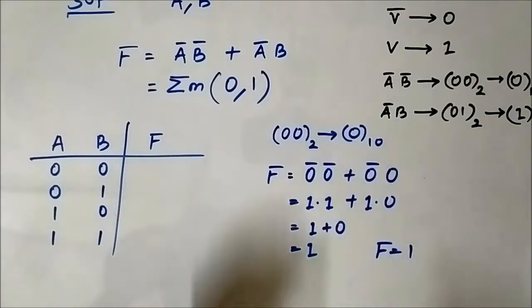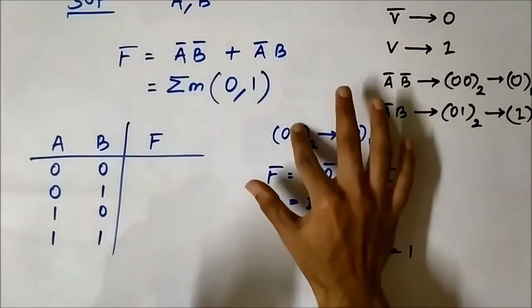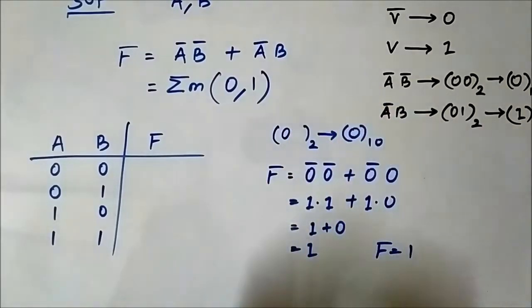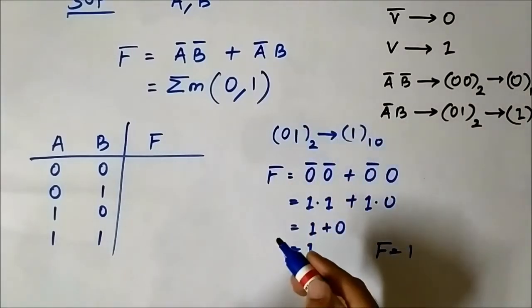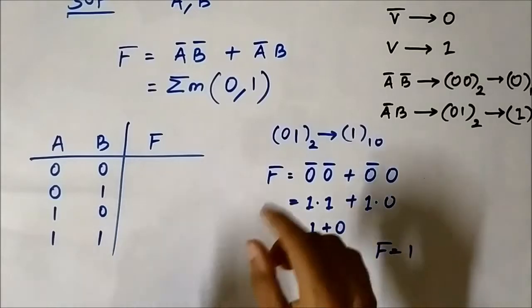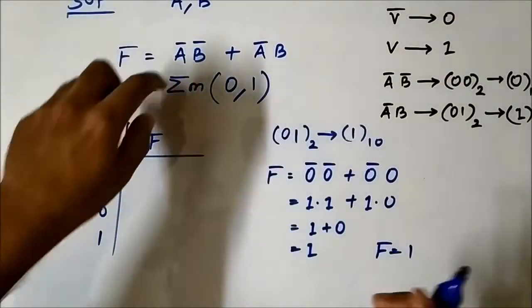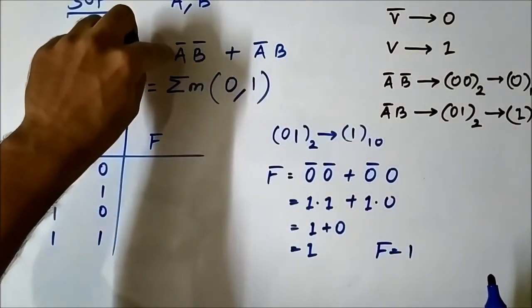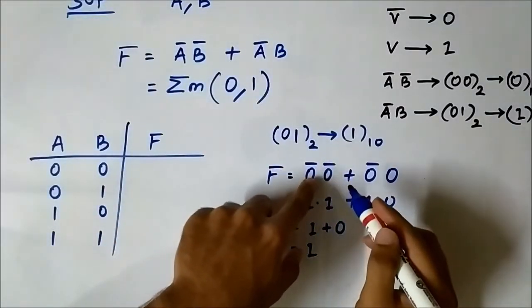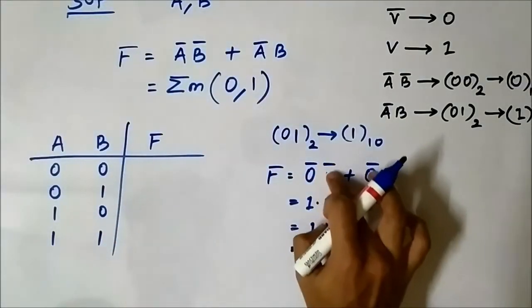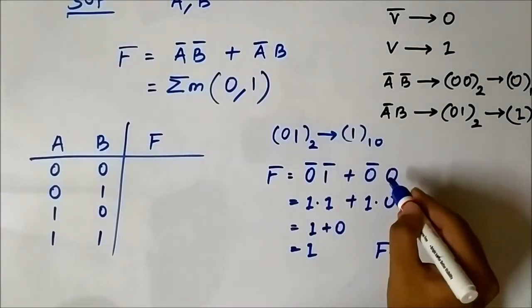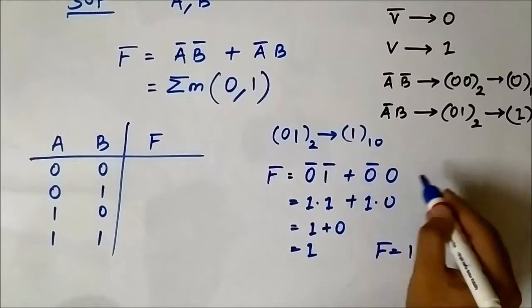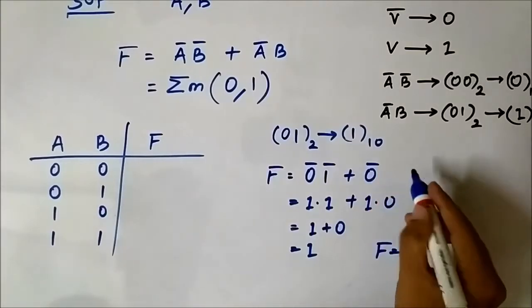Now let us put 0 and 1, the second input combination. A is 0, so this will remain 0 bar, and B is 1, so its complement is 0 and the uncomplemented B becomes 1.